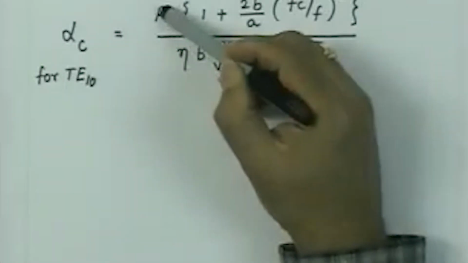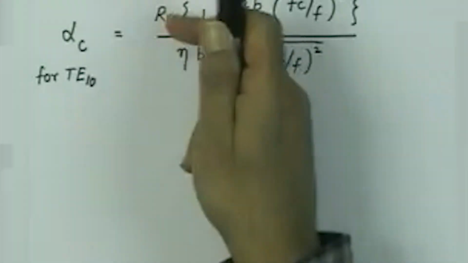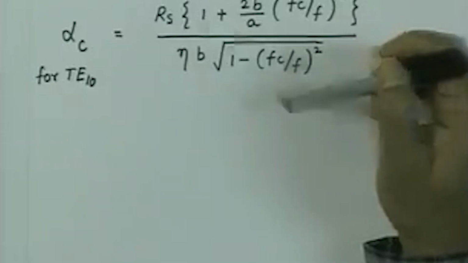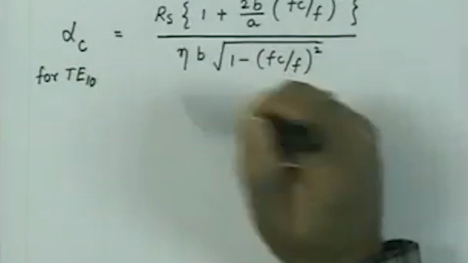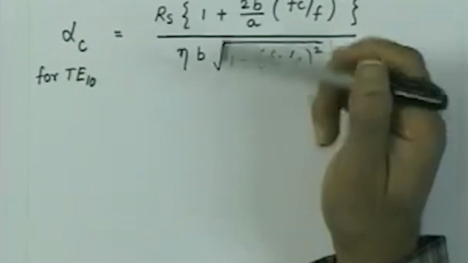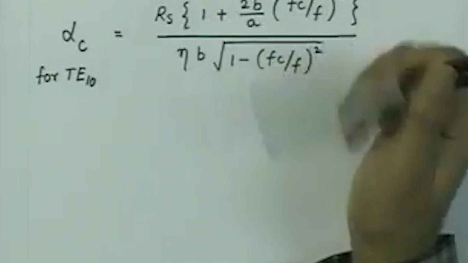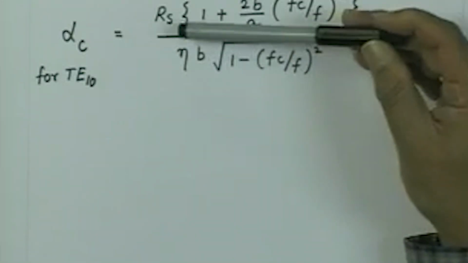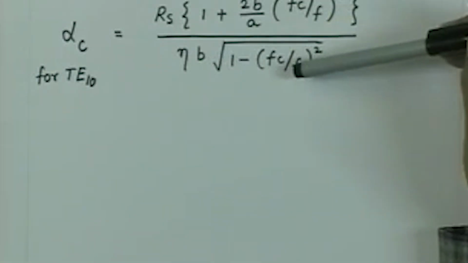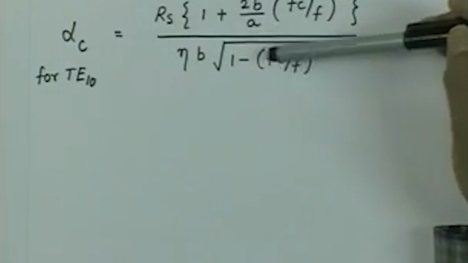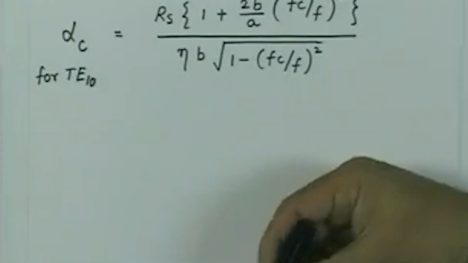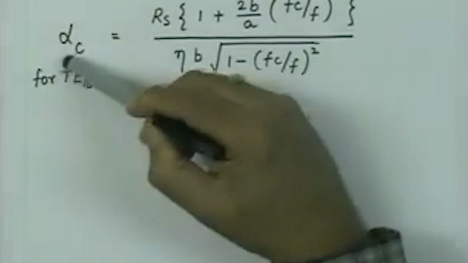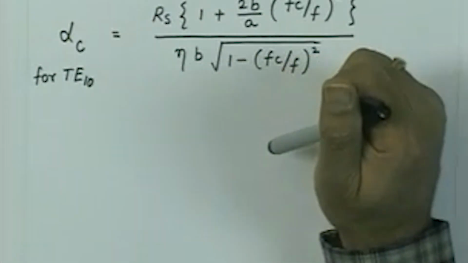Again, since RS is square root of omega mu divided by 2 sigma, the attenuation constant again increases with frequency. So, as you go to higher frequencies you get more losses inside the waveguide, but we also note that the attenuation constant now is also a function of frequency relative to the cutoff frequency, and as the frequency approaches the cutoff frequency, again the attenuation constant becomes very large.